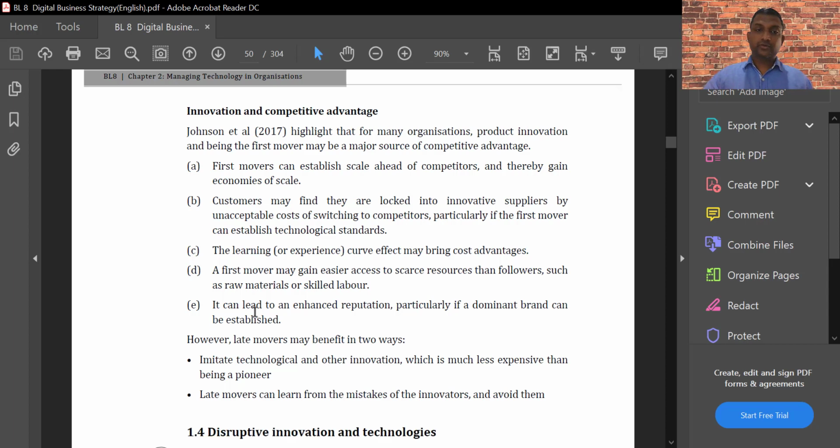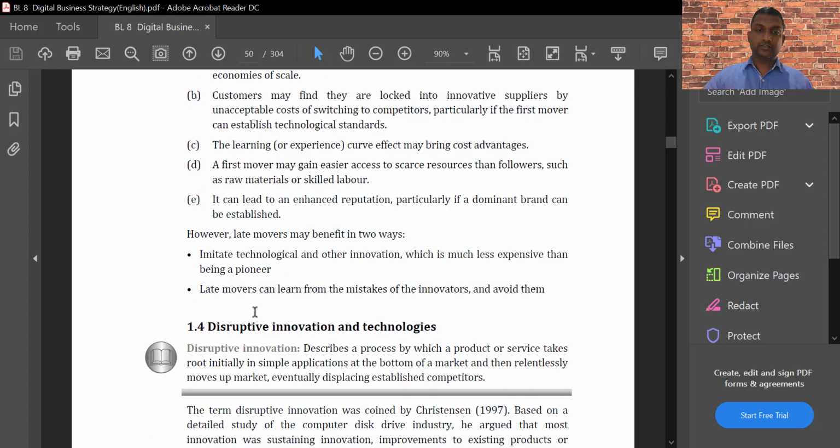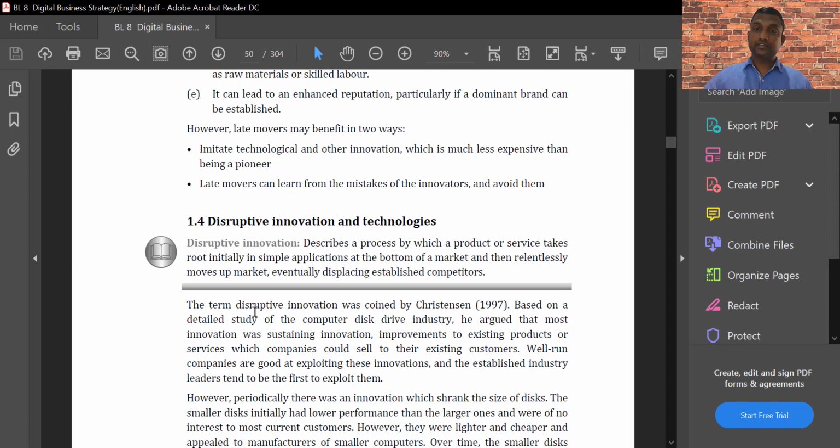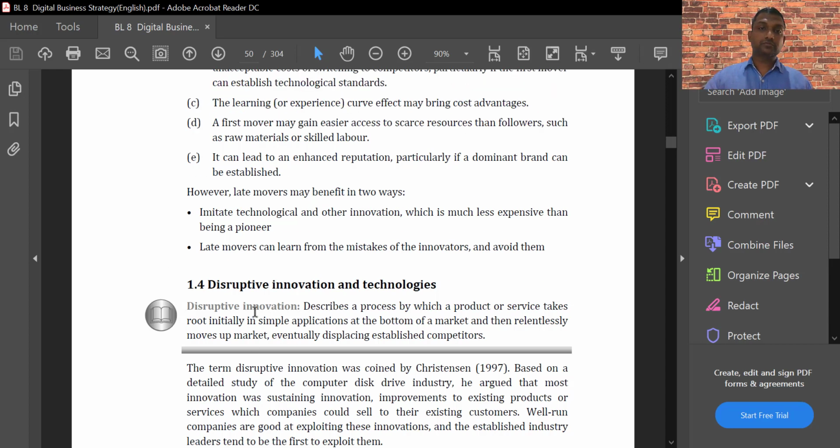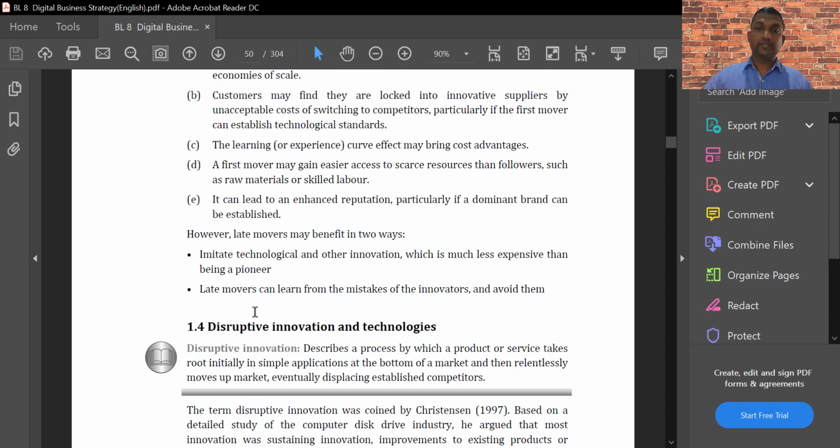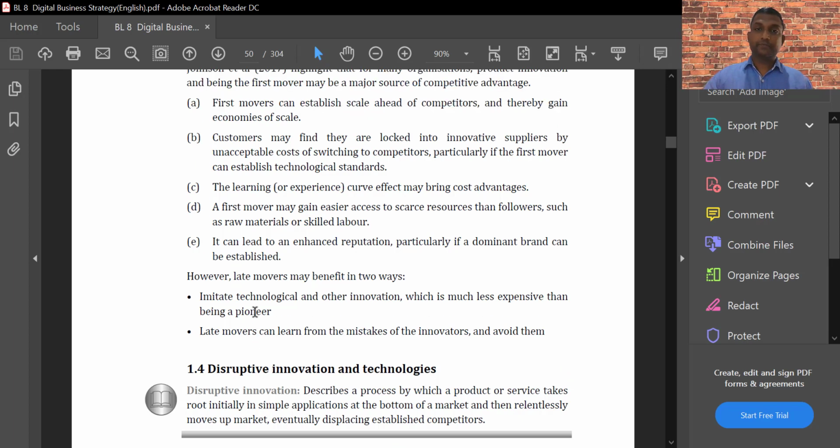Competitive advantage and using technology clearly explains how technology can benefit an organization.